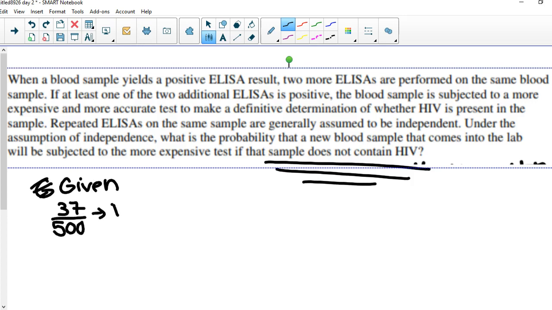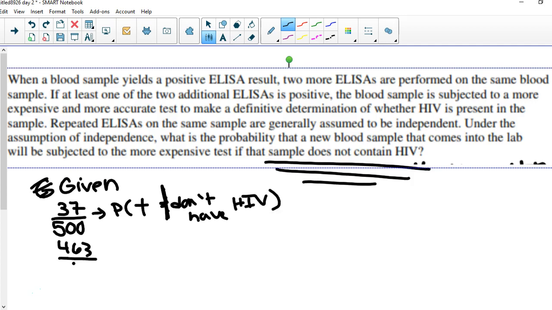These people test positive, but they don't, given they don't have HIV. Okay, next, 463 people out of 500, they test negative, given they don't have HIV.